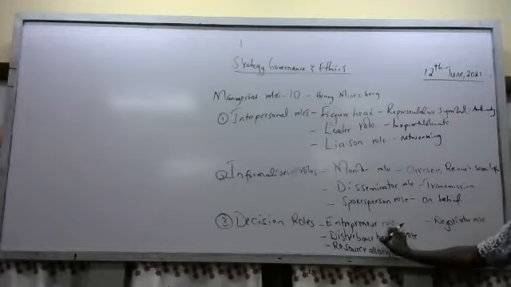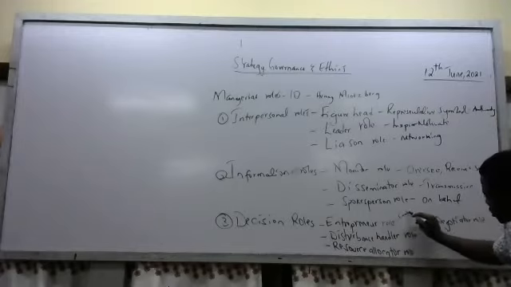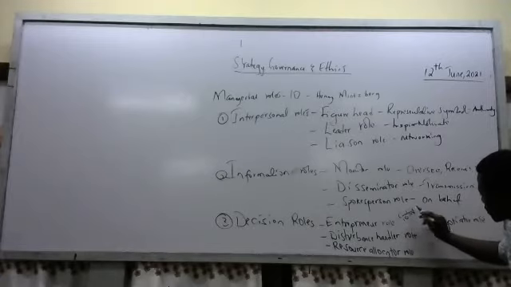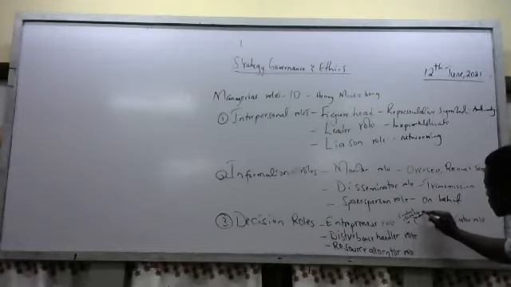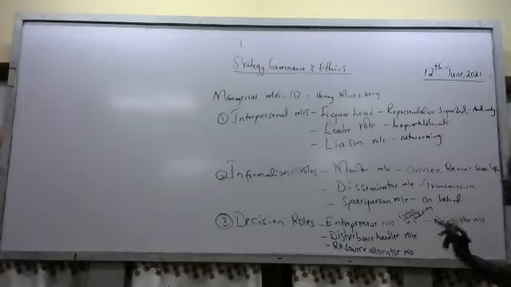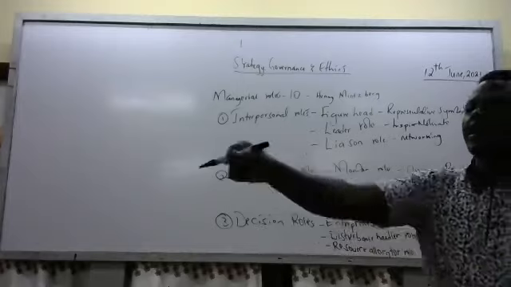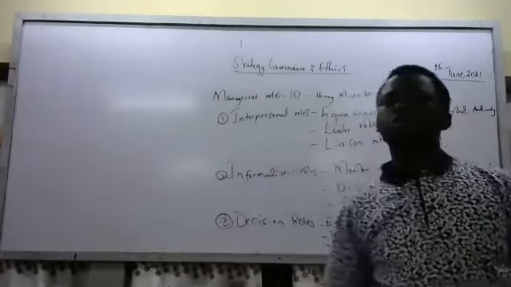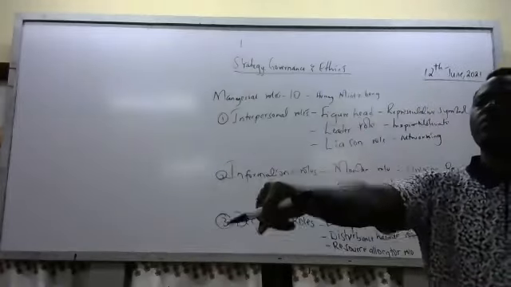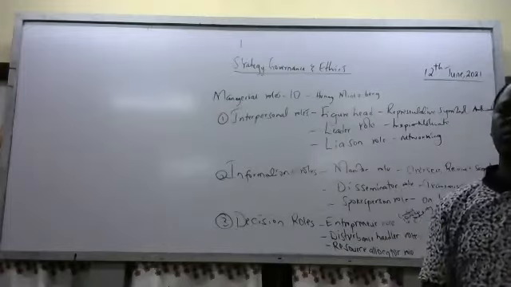So, entrepreneur role. He is the one supposed to combine the resources for productivity. If the company is making losses, he has not combined resources well. If the company is making profit, he's the one responsible.